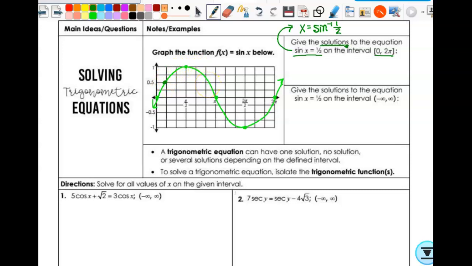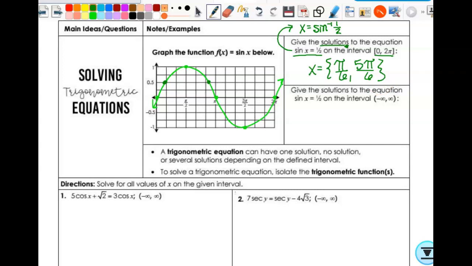Right? And here, this is between pi halves and pi, which means it's in the second quadrant, because we know sine is positive in the second quadrant. So my answers are actually pi 6 and 5 pi 6. So you're going to use the actual inverse values that we talked about last week, but then you have to use that to also find more depending on what your interval is.